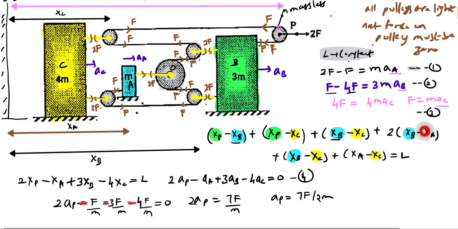I think this should be 8F by M. Then this should be 4F by M. Okay, this will be our answer. So the acceleration of point P, that should be calculated. Just writing the basic constraint equation, I think we need not do any other approach. Okay, yeah, fine. We'll take the next problem.